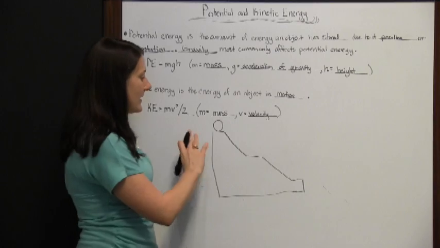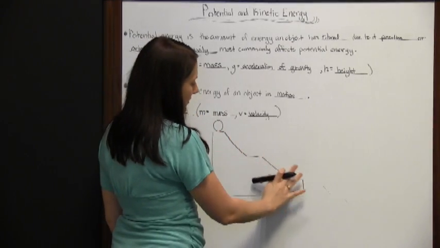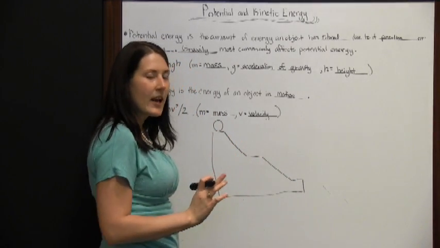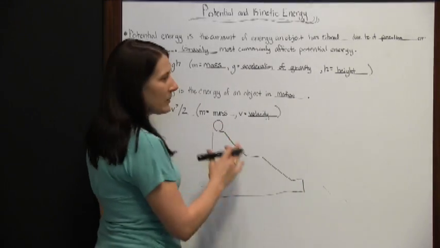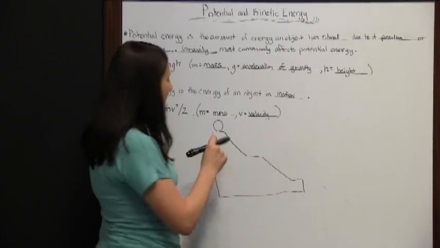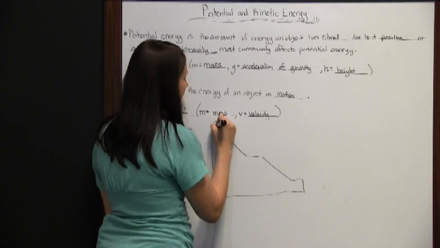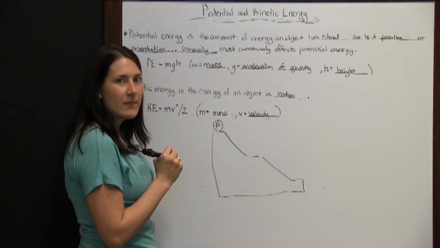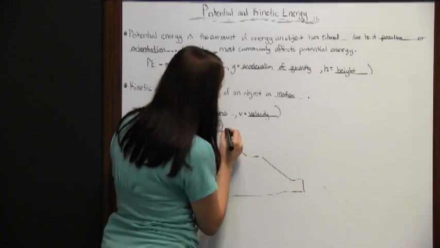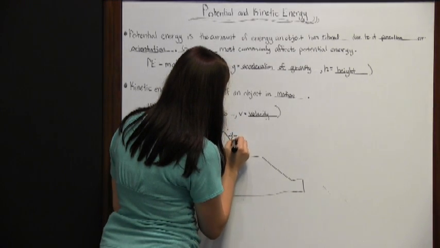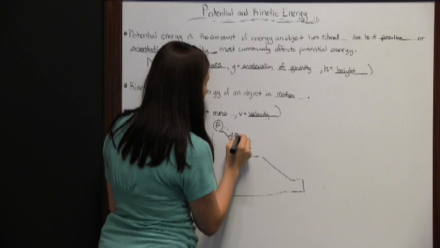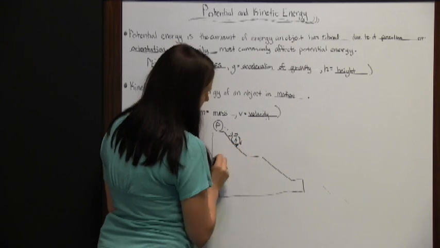So let's look at this. We've got this little situation set up. You've built this out of wood or Legos or something, and you've got a ball and you're going to roll it down here. So when your ball is here, you have potential energy. It's sitting still. Once it goes over the edge, and you have it here, you have kinetic energy because this ball is in motion.